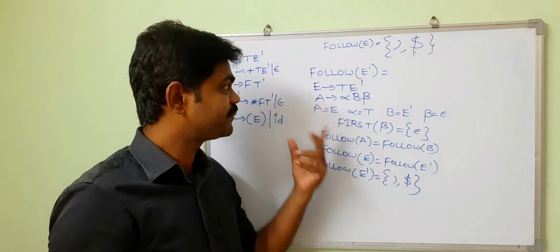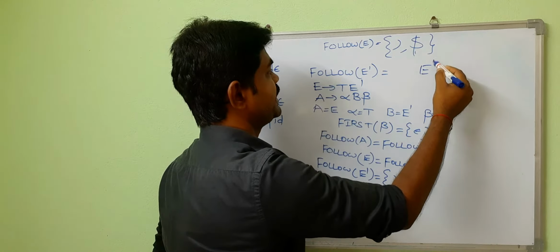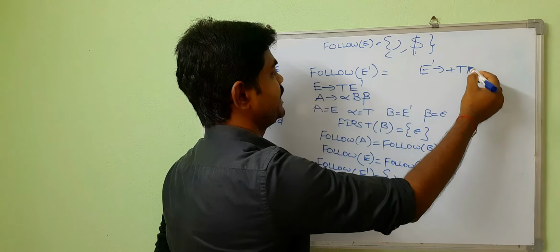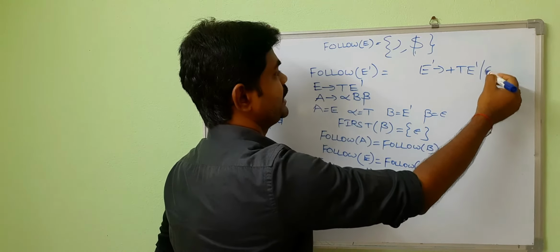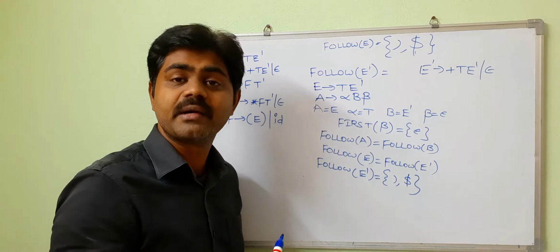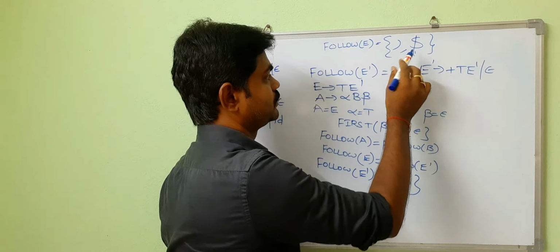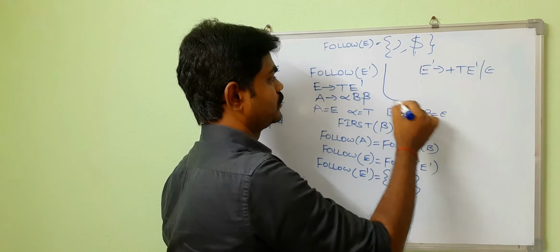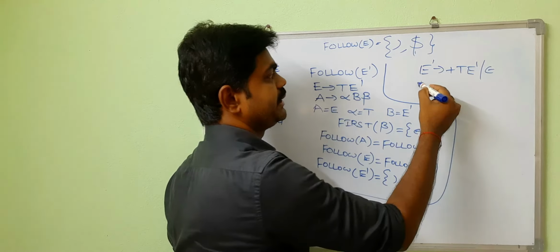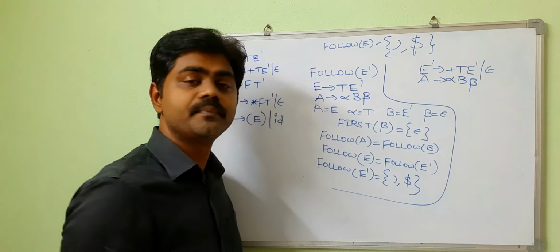Now we will check for the second one, E dash tends to plus T E dash or epsilon. Now apply A tends to alpha B beta.